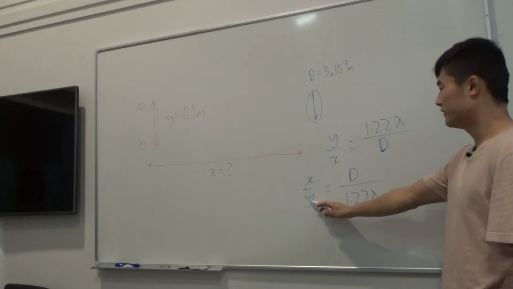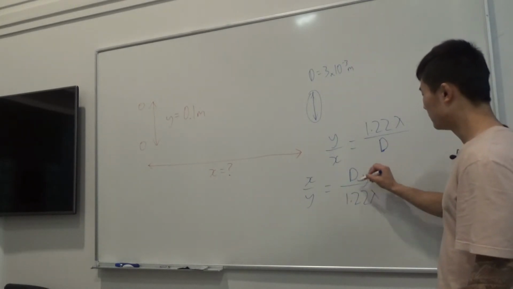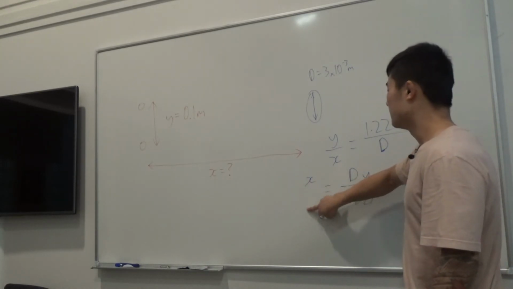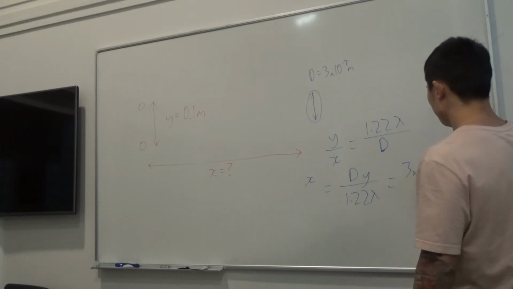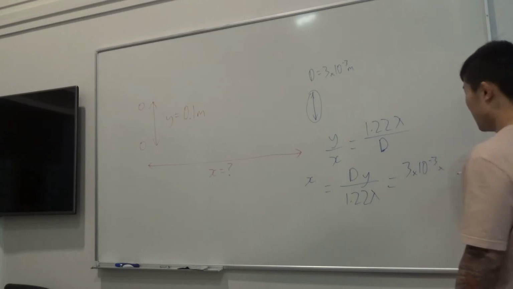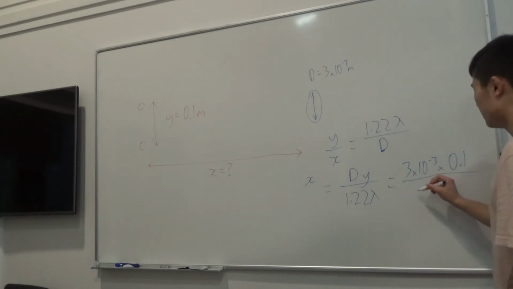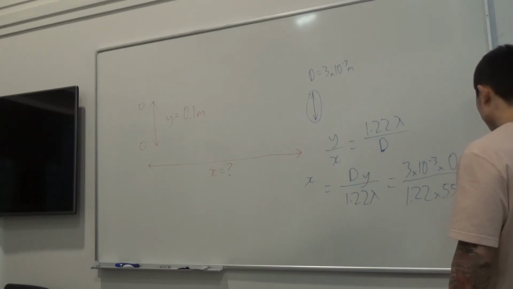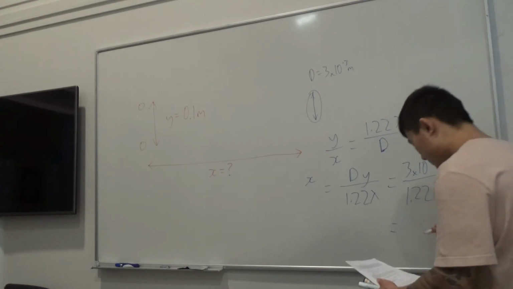Then multiply both sides by y, so this comes up here and this disappears on this side. So d is 3 times 10 to the negative 3, y is 0.1, and 1.22 times 550 times 10 to the negative 9, and that will be 447 meters.